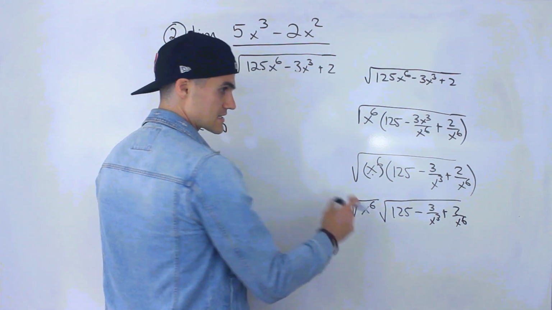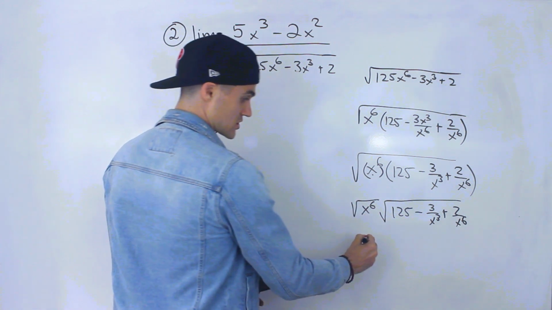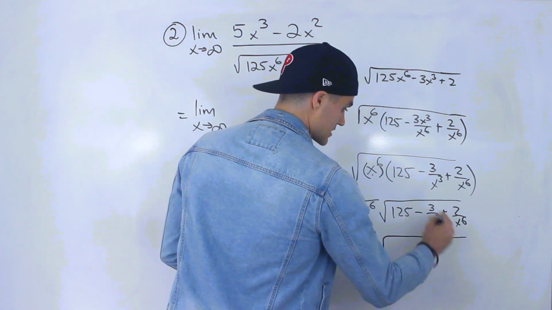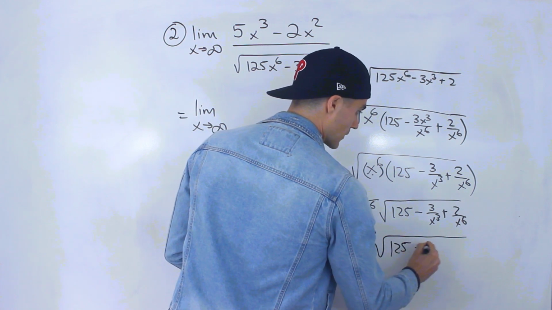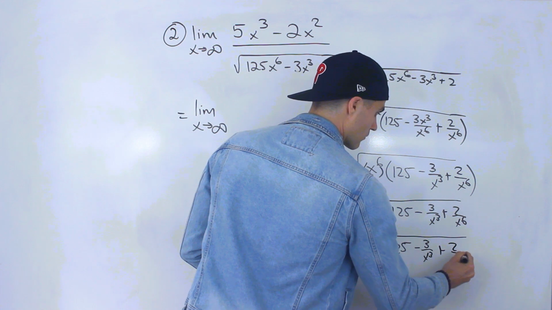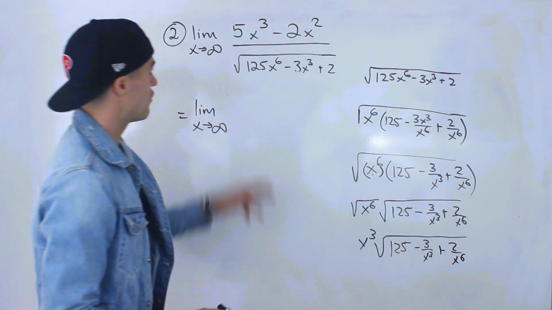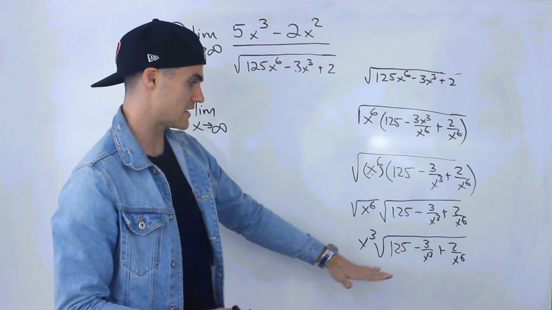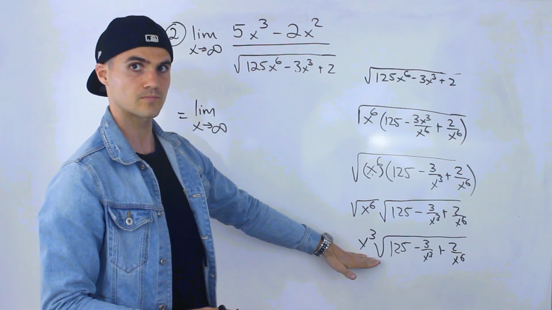Square root of x to the 6 is like x to the 6 to the power of a half, which is x to the 3. And then this is just going to stay the same. We can't do anything else about that. Okay, so this expression here in the denominator is the exact same as this.